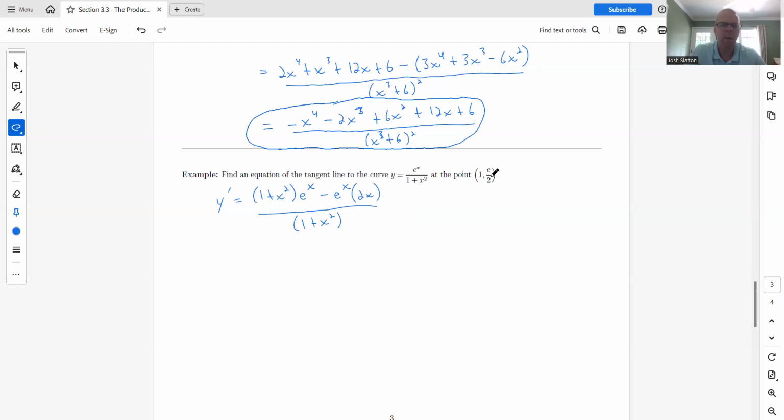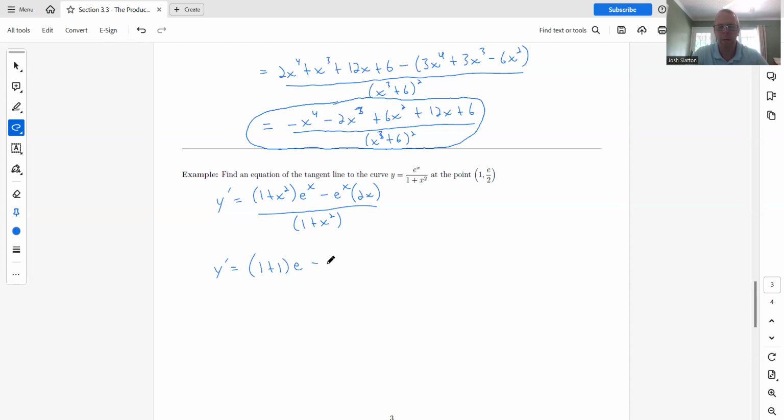So I think what's best is to go ahead and plug in 1 for x. I mean, you could simplify this, but there's no point in really simplifying it. Just plug in the 1.